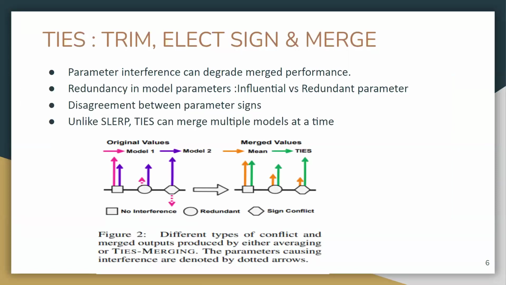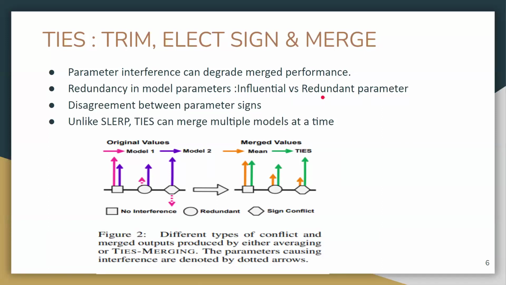So the next one is called TIES. TIES is a bit different. It starts by noticing that there is a problem when we merge models using the SLERP algorithm: parameter interference. They highlight two major problems. The first is what they call influential versus redundant parameters.